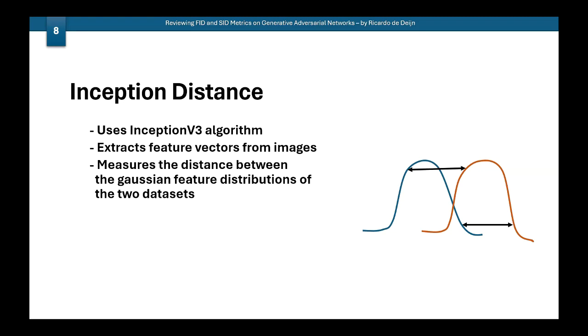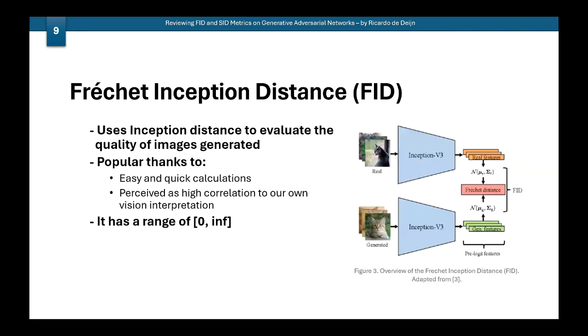between the two feature distribution vectors is measured, and the distance between the two is the inception distance. And that gets calculated in two separate ways, the FID and SID.